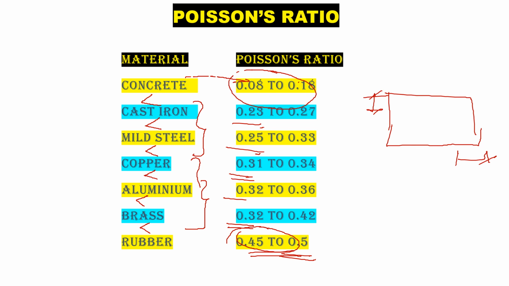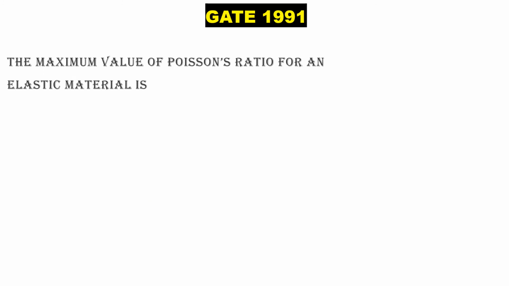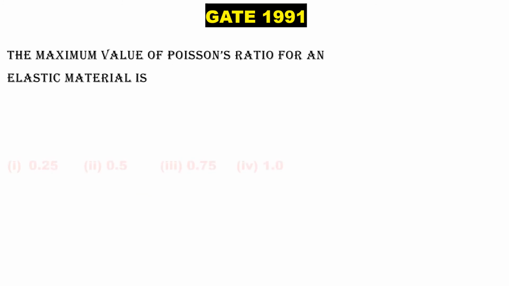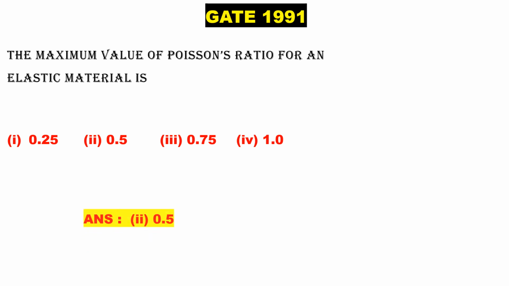So the material with the least Poisson's ratio is concrete, and with the maximum Poisson's ratio is rubber. Now we got the answer for our question: the maximum value of Poisson's ratio for an elastic material is 0.5. Thank you.